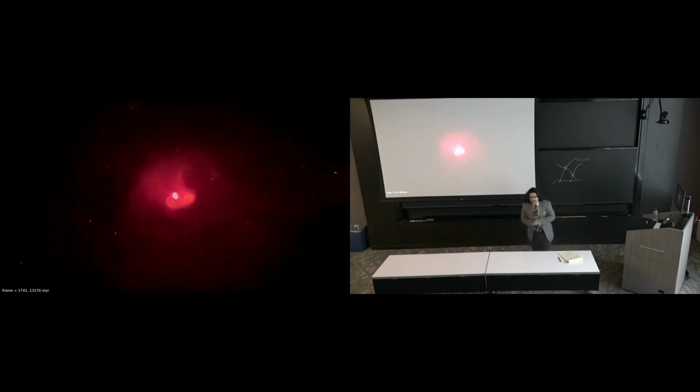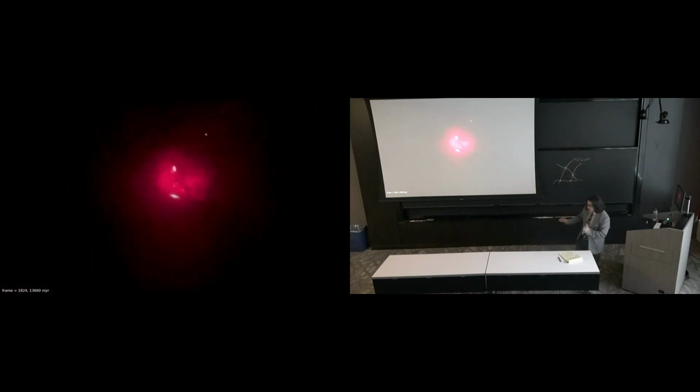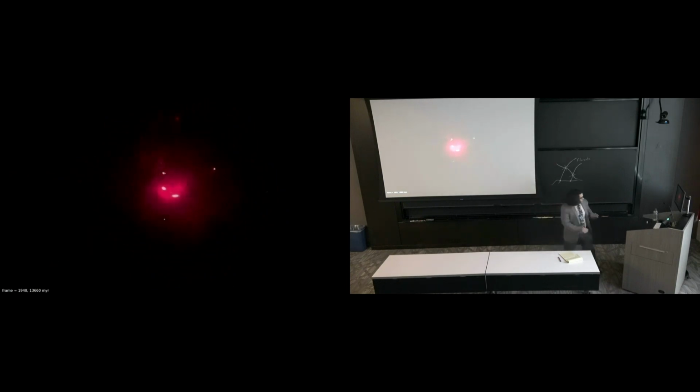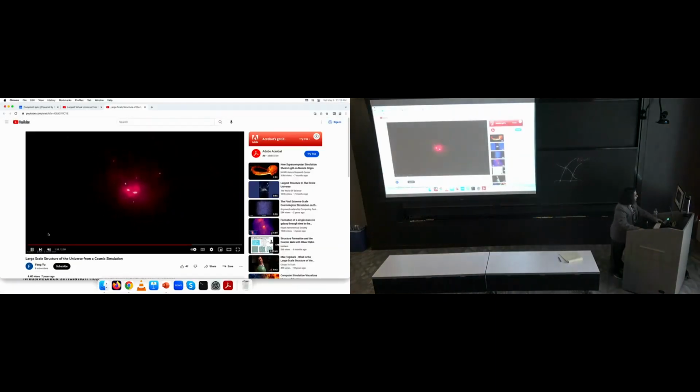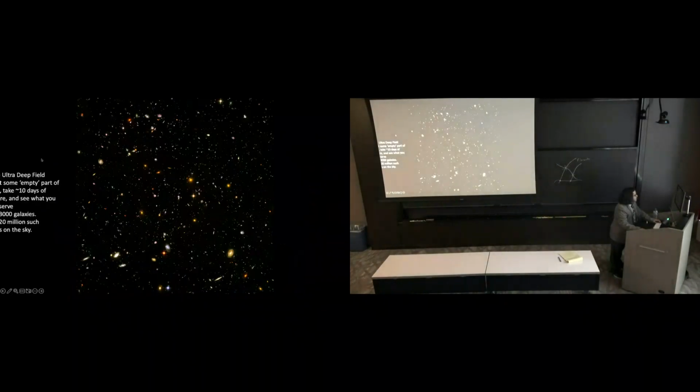In the same way, we can understand something about the evolution of galaxies. The Hubble image that I showed has, let me pause this, 3,000 galaxies in this image itself. We have samples of hundreds of millions, billions of galaxies that we can look at.